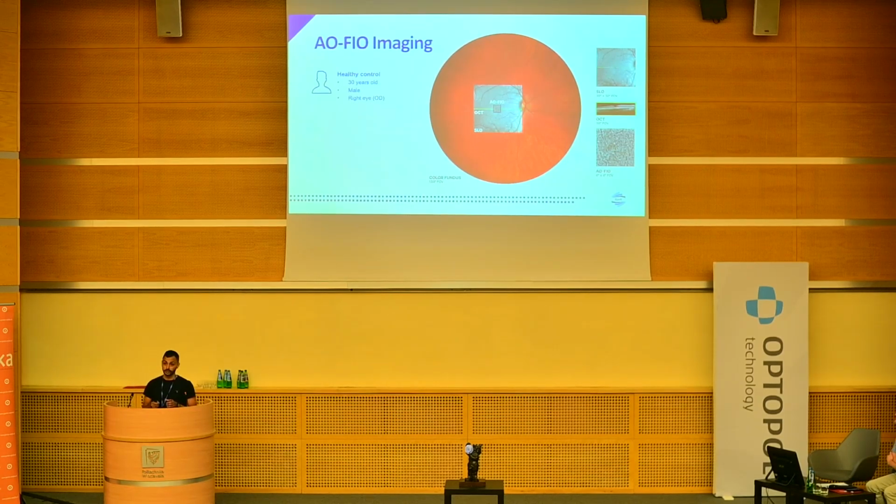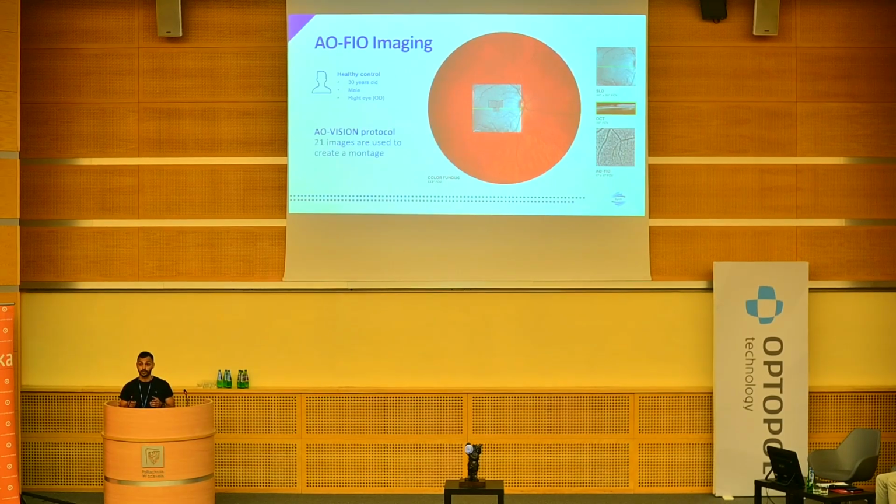So when we acquire these kind of images, you always need to acquire a couple of images in order to create a montage. The way people do montage can differ, depending on your use case, on what you want to do with these images.